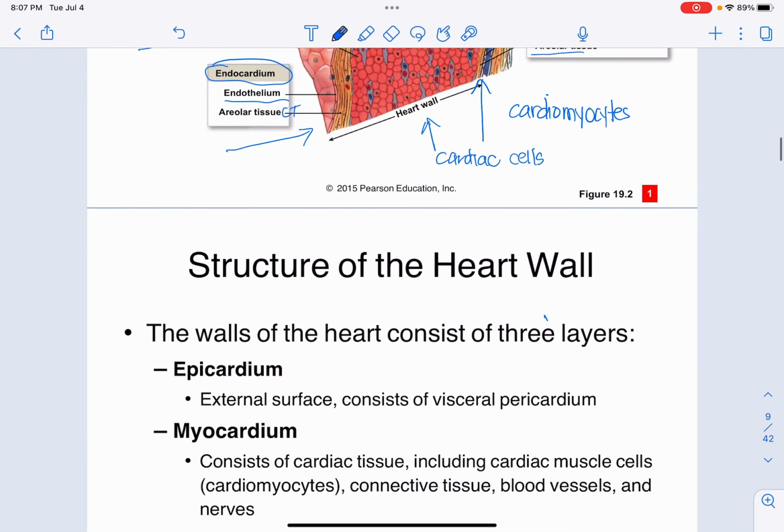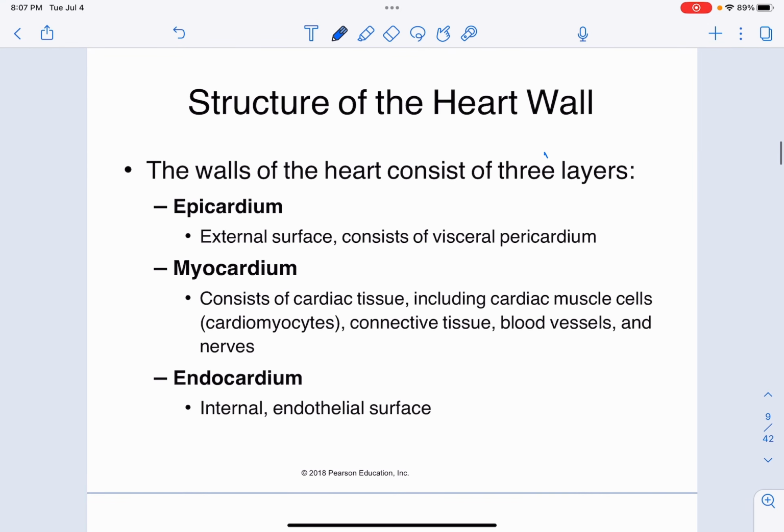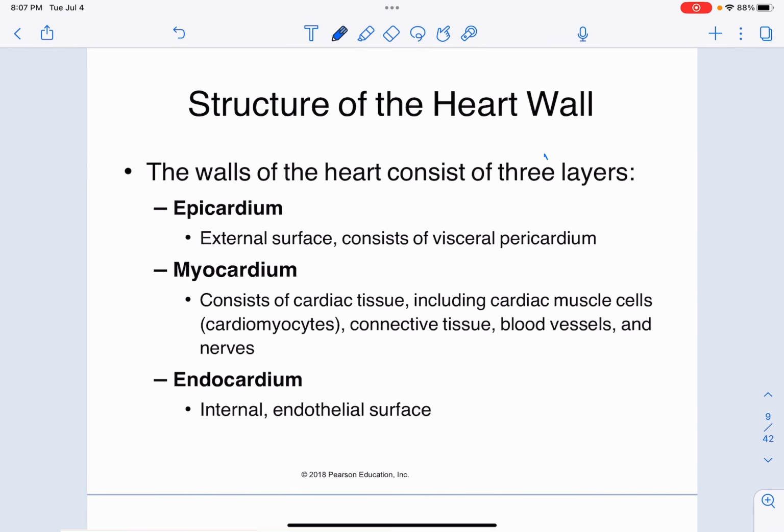I have all this written out on this next slide to again talk about the layers of the heart. We talked about the epicardium, that is the external surface, and that consists of the visceral pericardium. Remember, that was another name for that. Then we have the myocardium. That's where we found those cardiomyocytes, the cardiac cells that you looked at under the microscope.